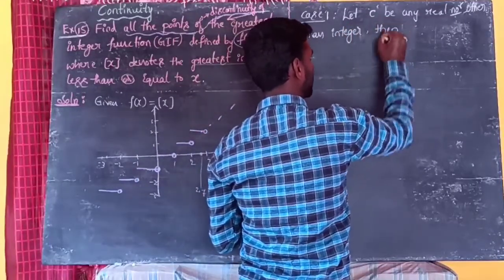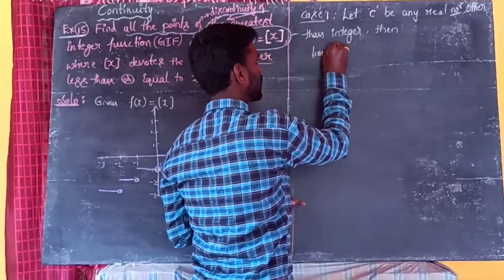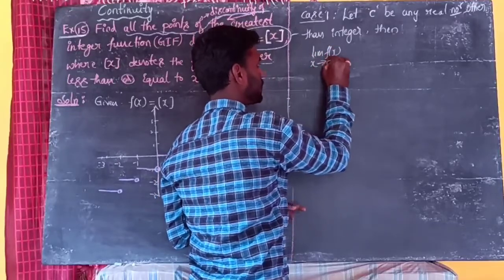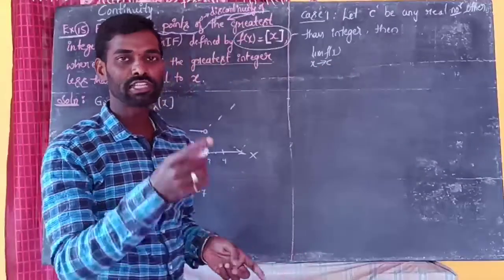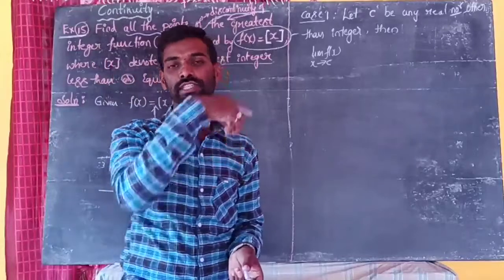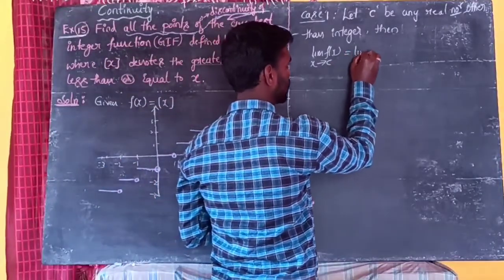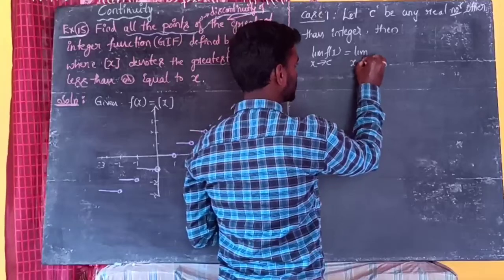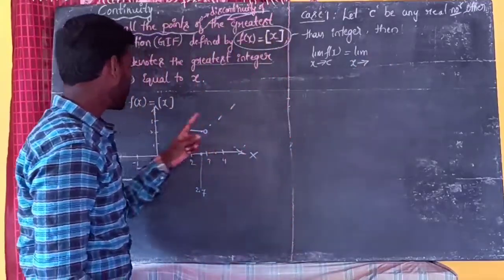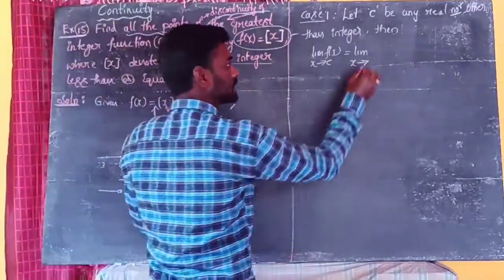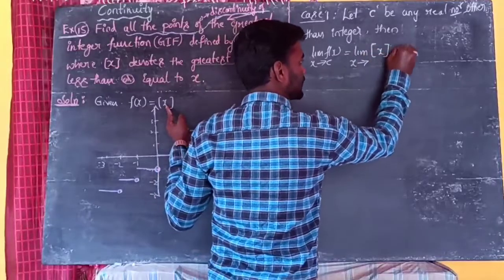Then observe, the limit of f of x as x tends to c. By the definition of the limit of a function, the limit of f of x as x tends to c is equal to the limit as x tends to c of the greatest integer function x.